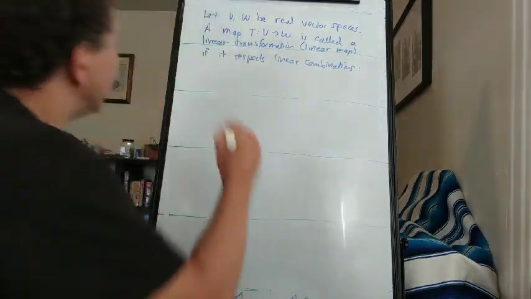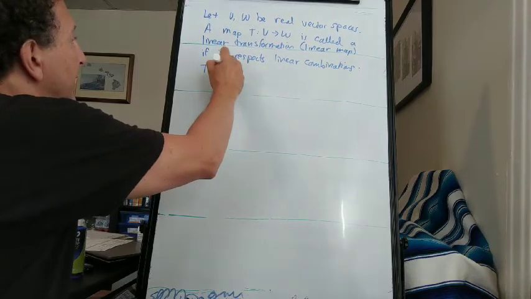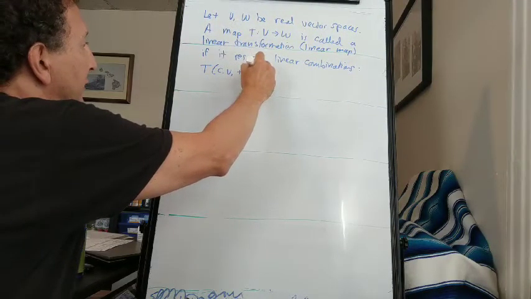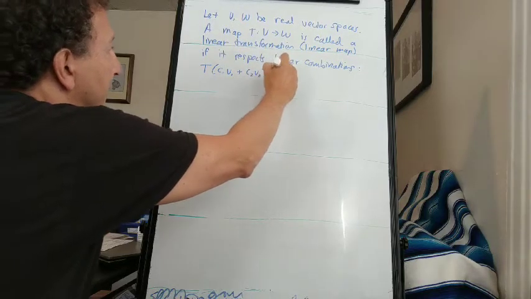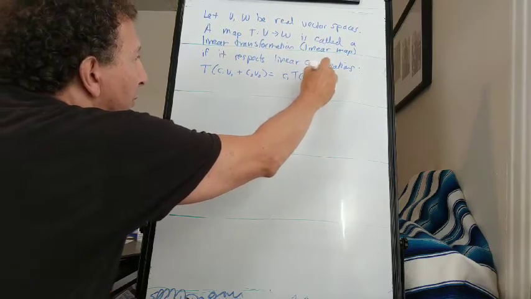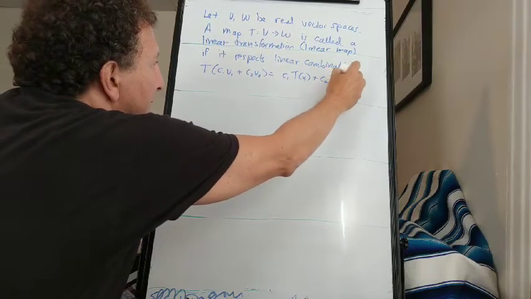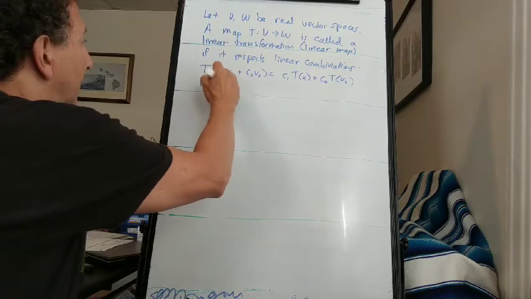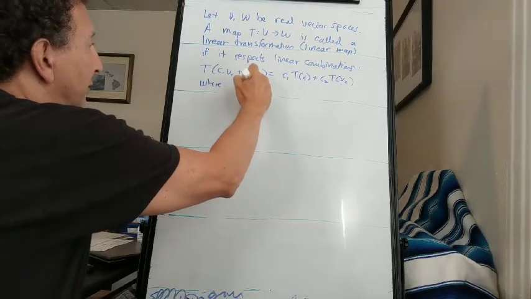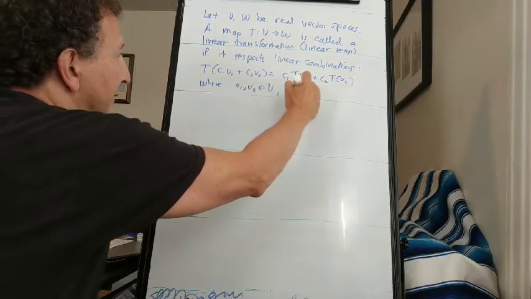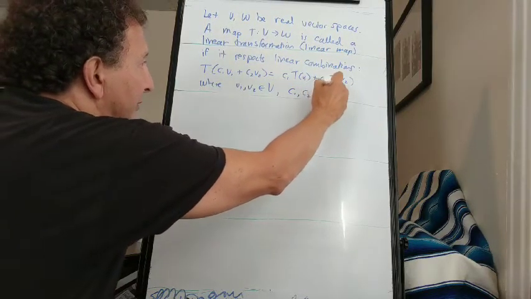And by that I mean that T of c1 v1 plus c2 v2 is the same as c1 T of v1 plus c2 T of v2, where I'm thinking of v1 and v2 as being vectors in V, and c1 and c2 are scalars.